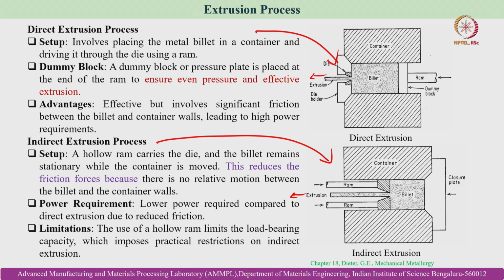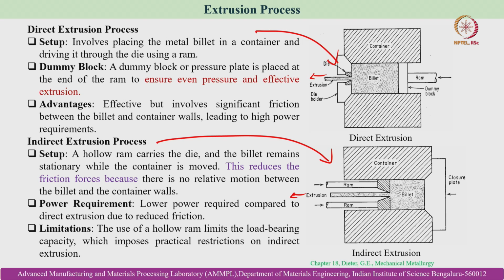This reduces the friction forces because there is no relative motion between the billet and the container walls. That is why the friction is lesser here. In direct extrusion the die is stationary, whereas in indirect extrusion the die is mobile. That is a major difference between direct and indirect extrusion processes.